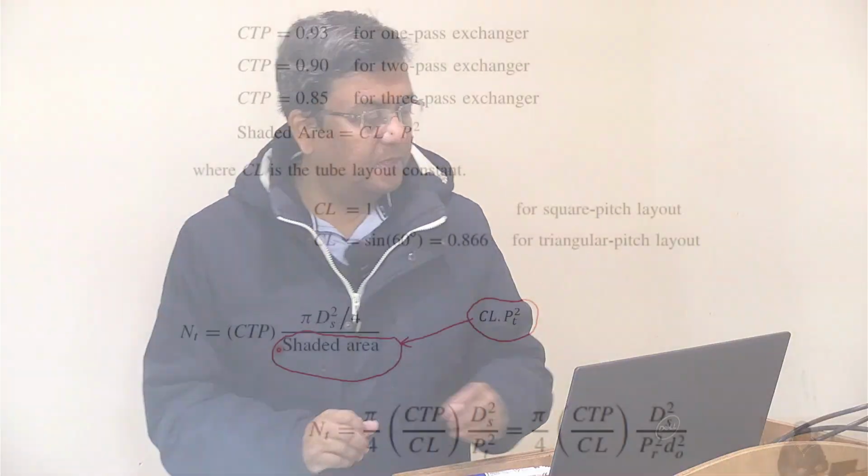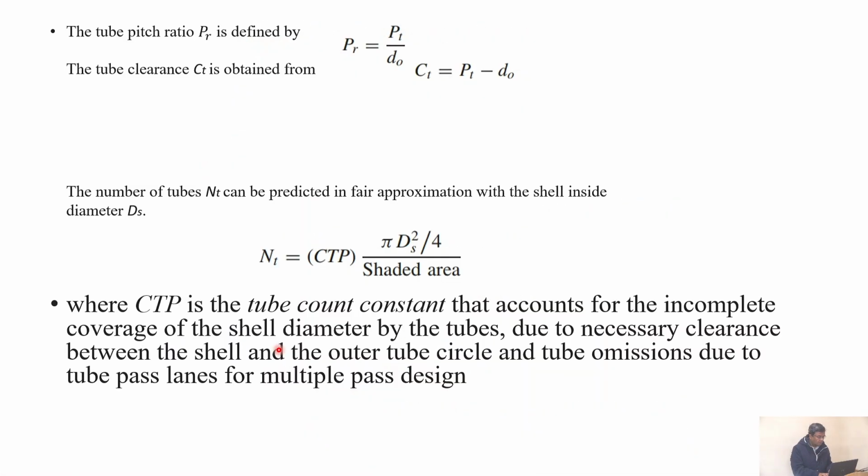So CTP from the previous slide is the tube count constant, which is not 1, but it's kind of close to 1. This is because the arrangement cannot be made uniform, because there will be some structural component here and there which will disturb a uniform arrangement. So close to 1, but not equal to 1, less than 1.